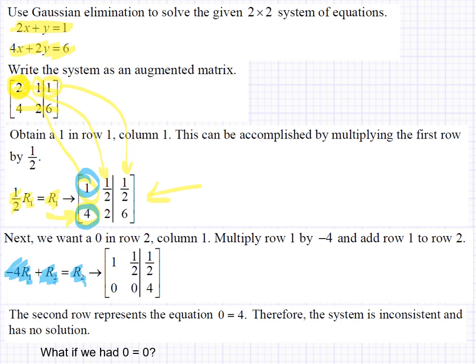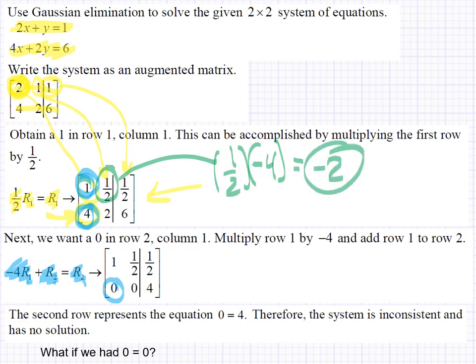That gives me -4 times 1 plus 4, which is 0. But I have to do that every single time. So I'll multiply this 1/2 by -4, which gives me -2, and then add it to this value here. That's going to give me a 0.